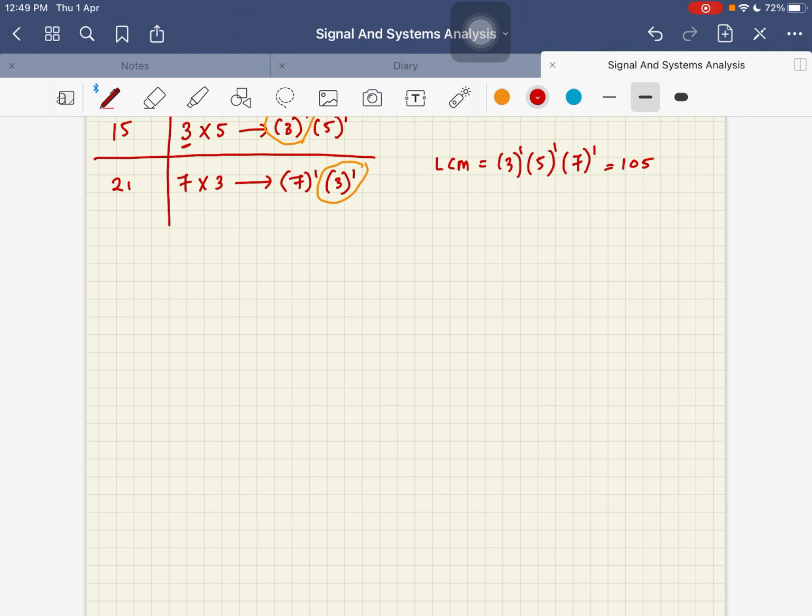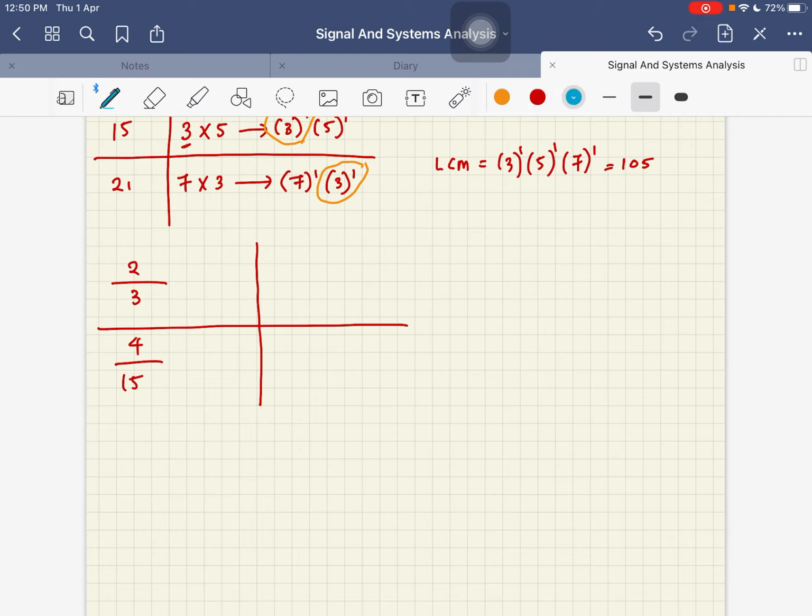So what happens if you have non-integer numbers? Let's say we have 2 over 3 and maybe 4 over 15. When you are solving problems related to periodic signals, you will encounter non-integer numbers.